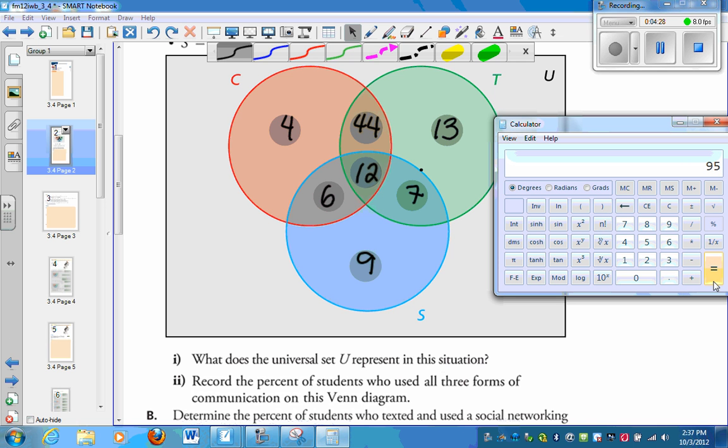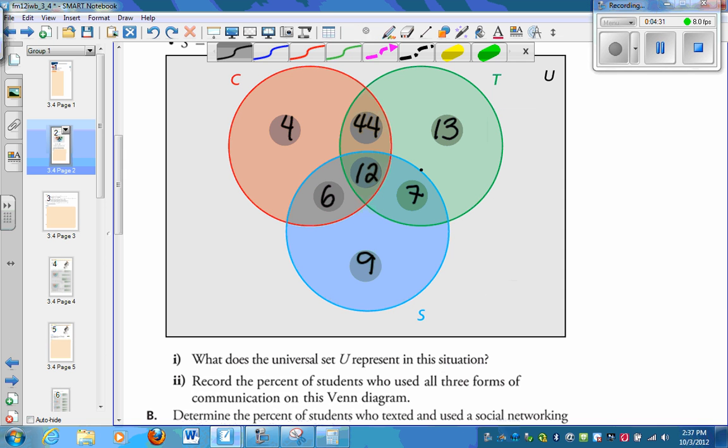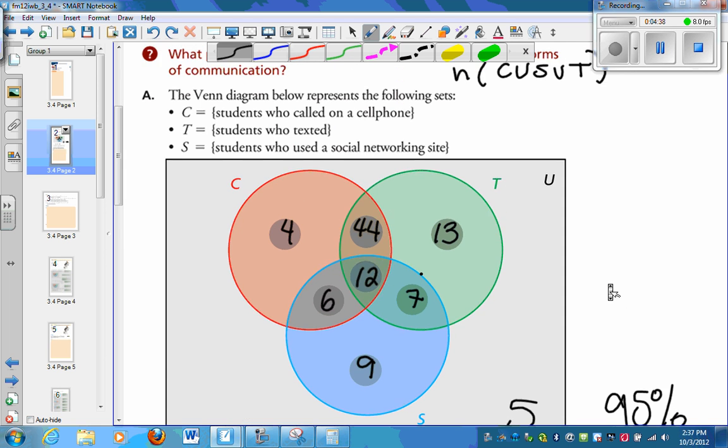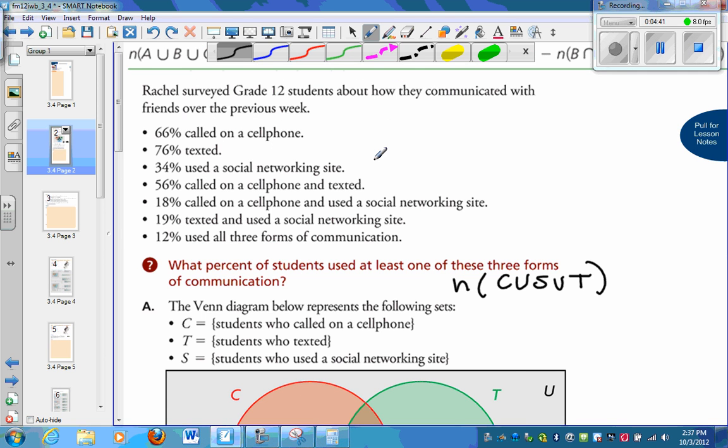There you go, 95%, which means there is 5% out here. So 95% have used at least one. Okay, so that was one strategy we used, where we actually filled out the diagram.